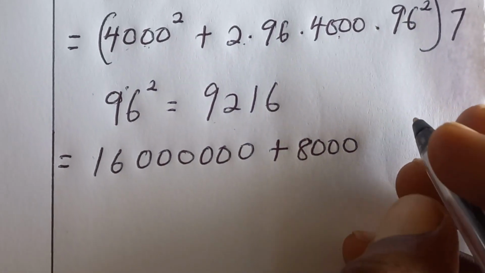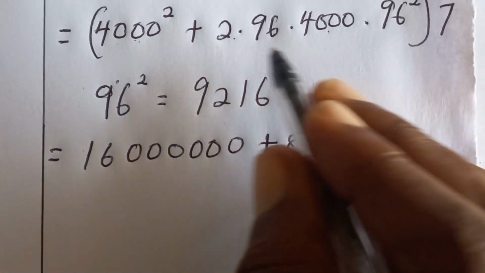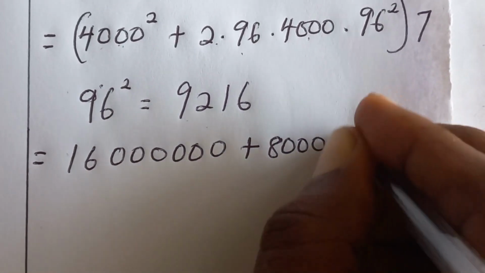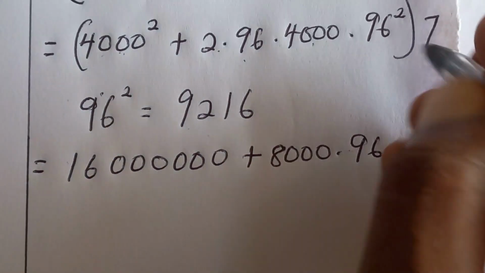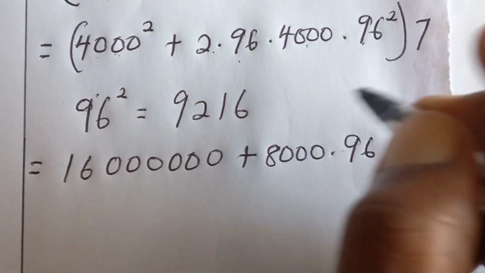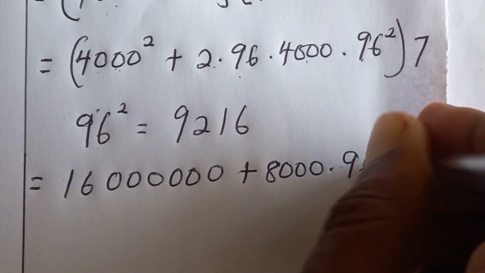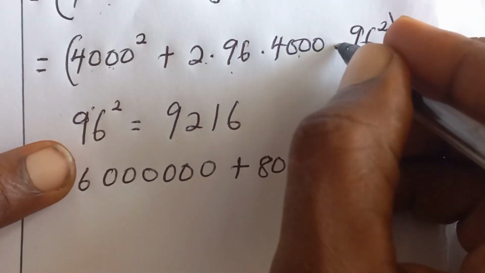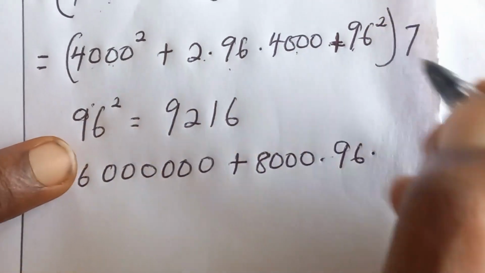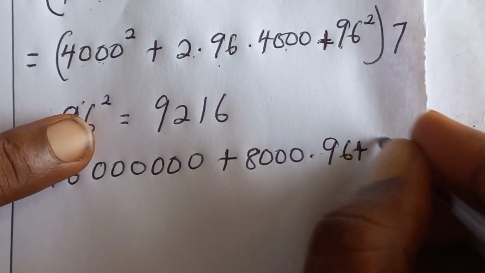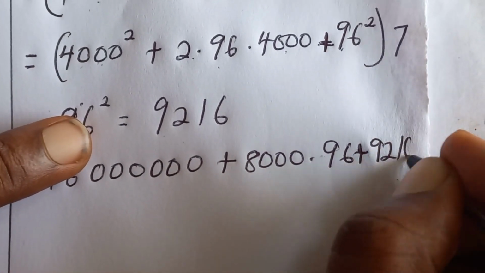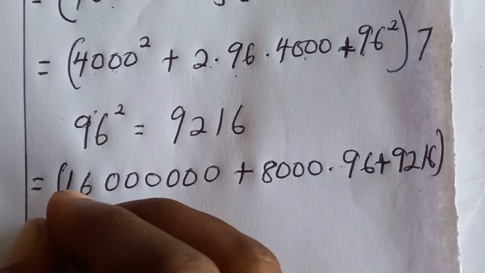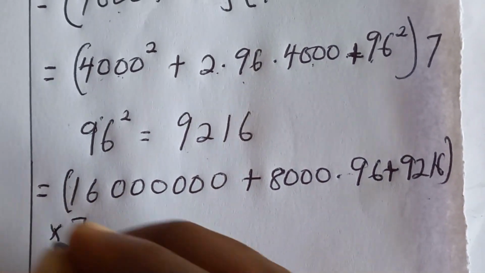Then plus 96 squared, which is 9216. Here it is supposed to be plus, no multiplication, so plus 9216, multiplied by the 7. We bring it here.